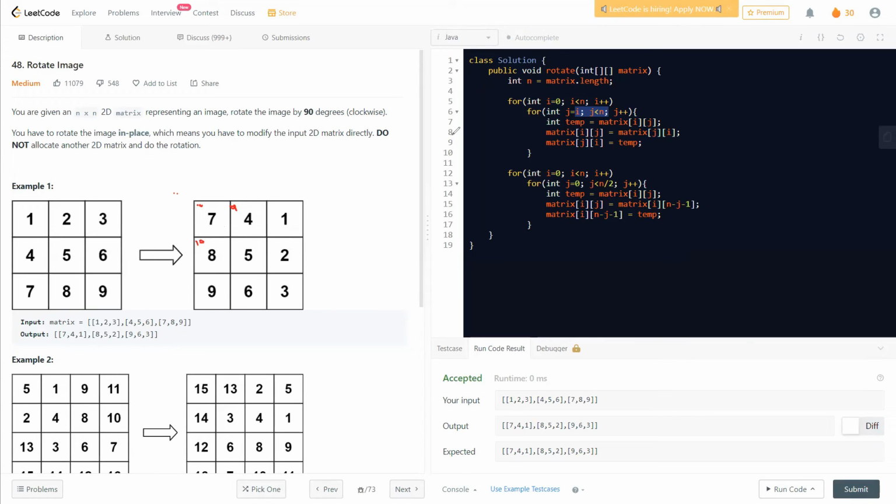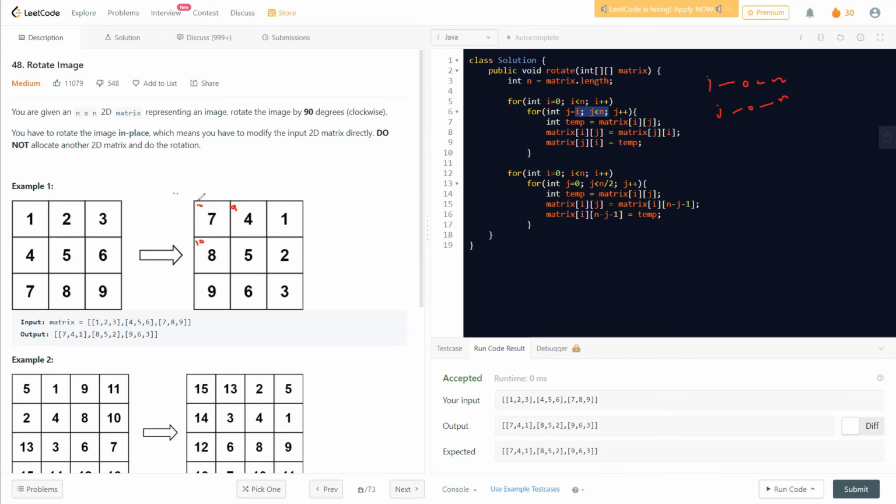Say in a case where i is going from 0 till n, and j is also going from 0 till n. If we try to swap those elements ij with ji, then the elements will end up in the same position. Why is it so?